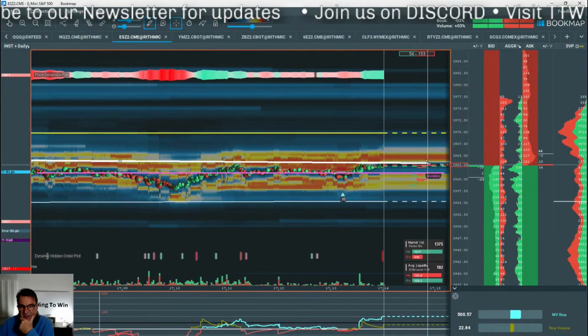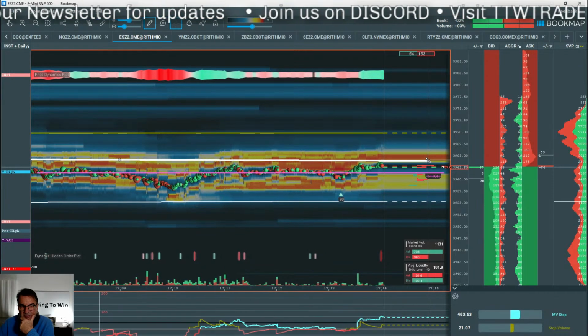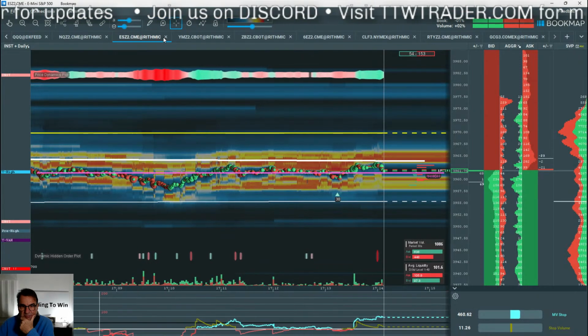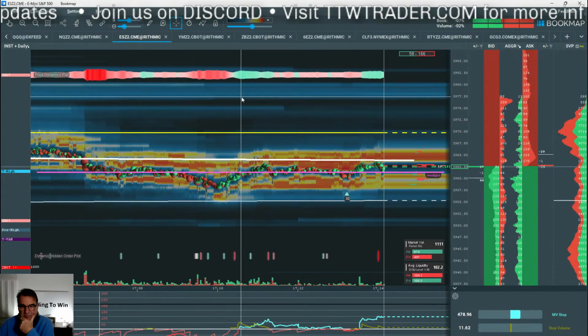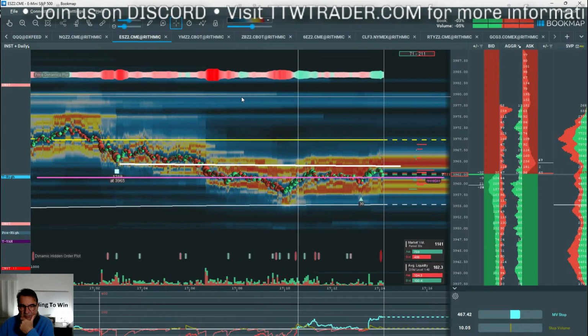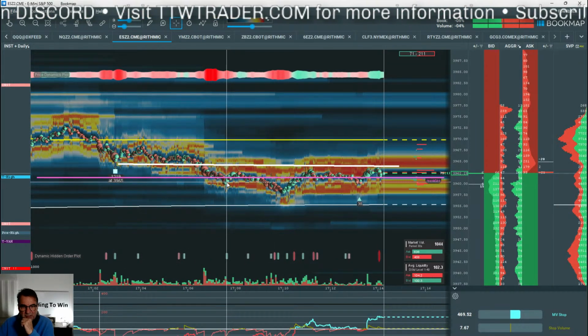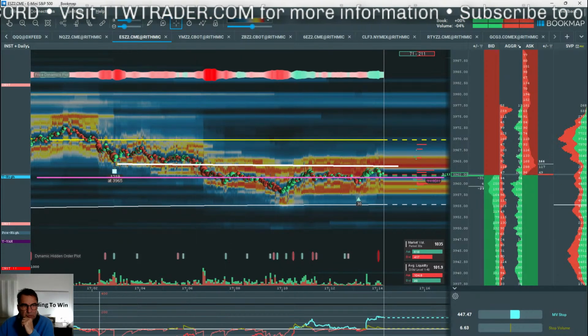Working with graphs and lines in Bookmap is a little bit painful. By the way, I was too late, and the better line would have been here.